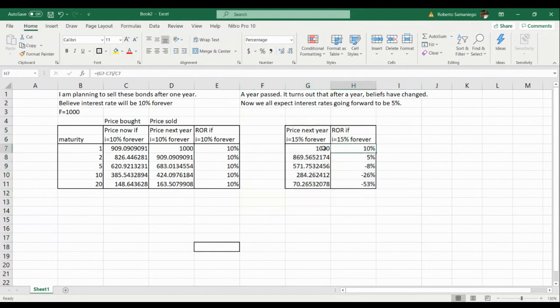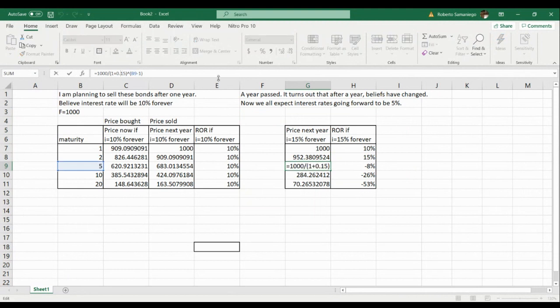So the 1-year bond, a year has passed, so now it's transformed into a promise right now of $1,000, so it's just $1,000 like before. The 2-year bond is a 1-year bond, except the interest rate now we change from 15% to 5%.